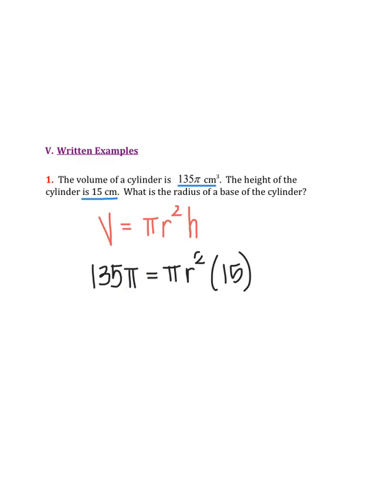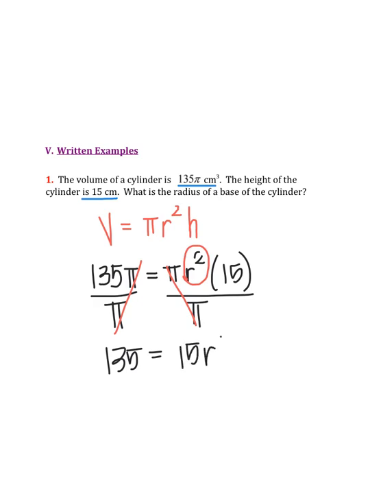Now I need to solve for my radius. I need to get this all by itself. Now remember, pi is just a number. It's an irrational number, but it's just a number, so I can divide both sides by pi to start off with. So those cancel. And now I've got 135 is equal to 15 times radius squared.